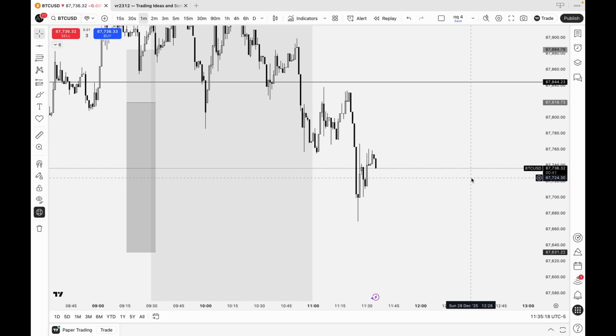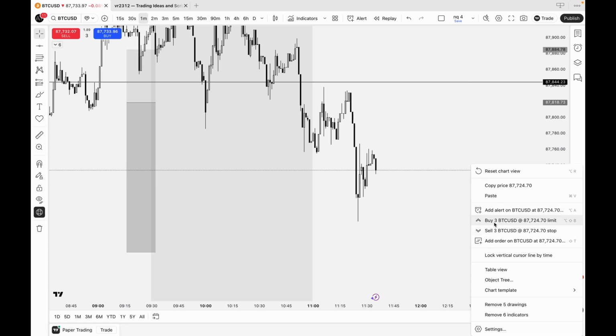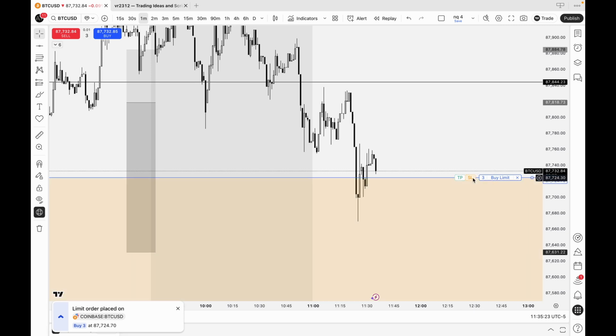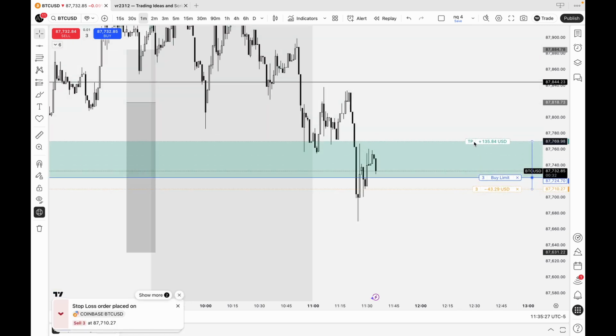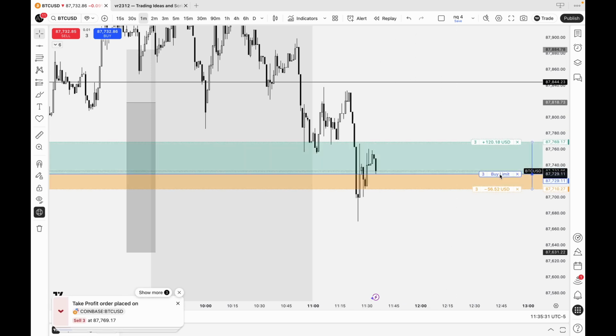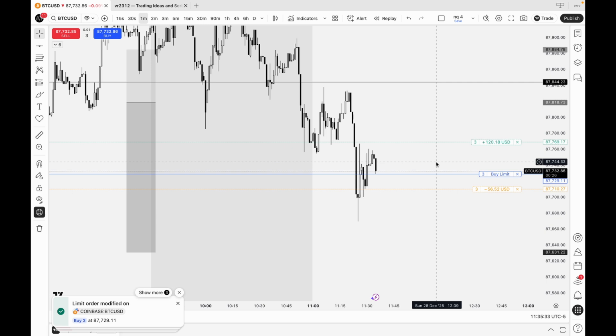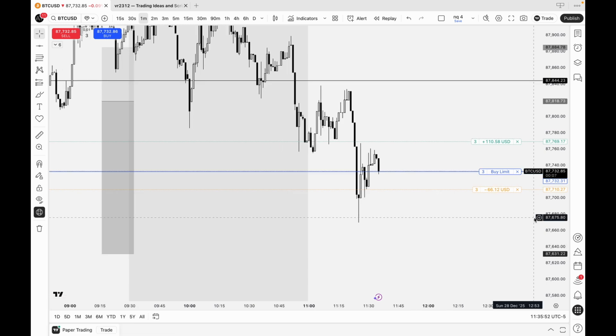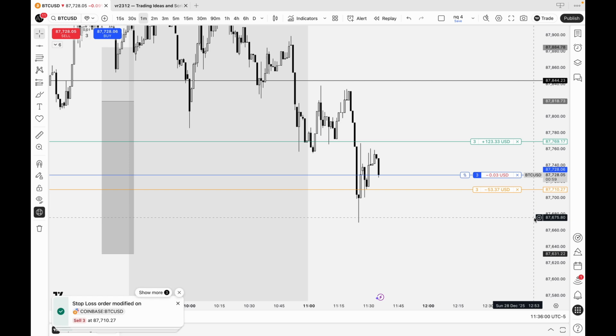If I wanted to enter at 724, I would just place a limit order here, a buy limit order, and put my stop loss and take profit where I want it to be. When price reaches this position, it's going to enter me into the position. This means I want price to come down to this level, then enter. If price never reaches it, the trade simply doesn't trigger. This is great if you want a better entry into your position and you want less emotional trading.